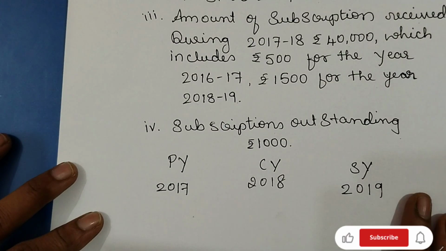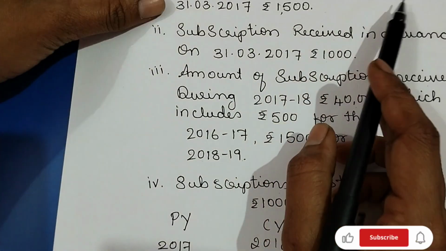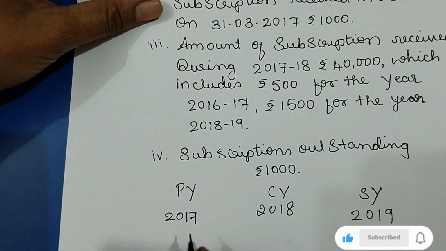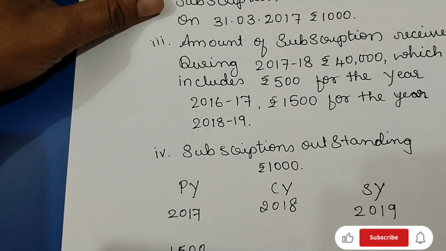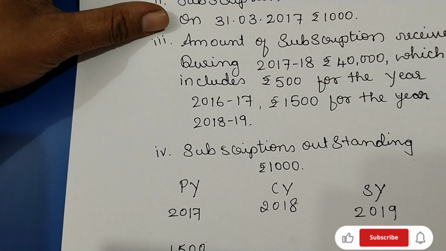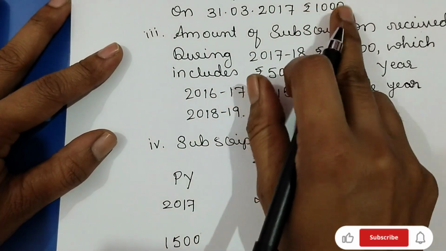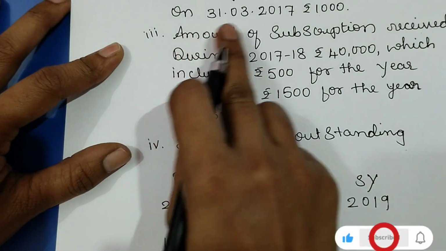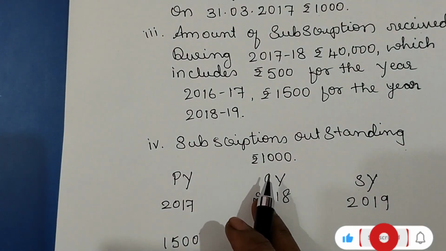Now we will understand which items come under the previous year, current year and the succeeding year. What is the first information given? Subscription in arrears on 2017. This is our previous year balance, so that is outstanding for the previous year. So this will be our opening balance of outstanding. Then we have subscription received in advance on 31st March 2017 for rupees 1000.